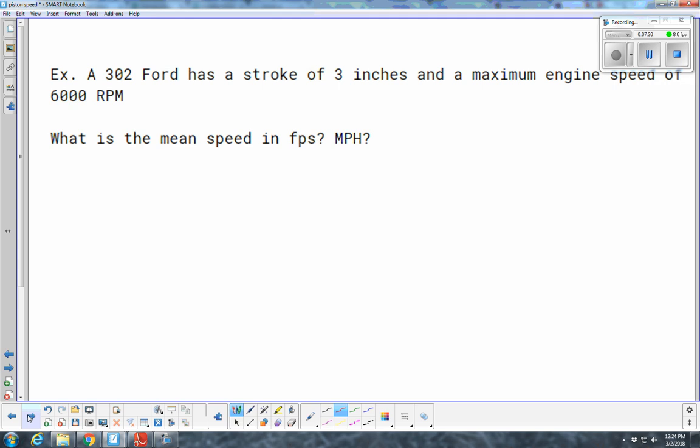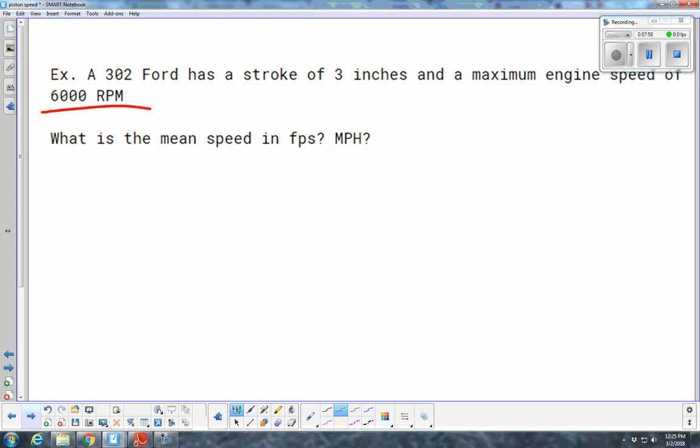You don't go into the danger zone. They make it red for a reason. That red means danger. Don't go there. So that means this thing has a red line of 6,000 RPMs. We'll talk about how we calculate that in a sec. You're going to do it yourselves.